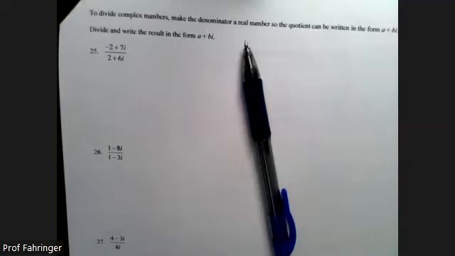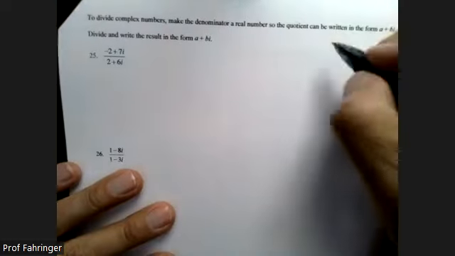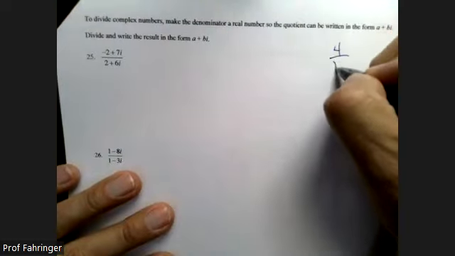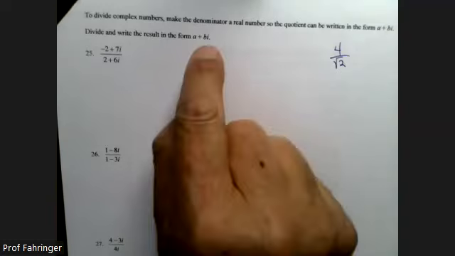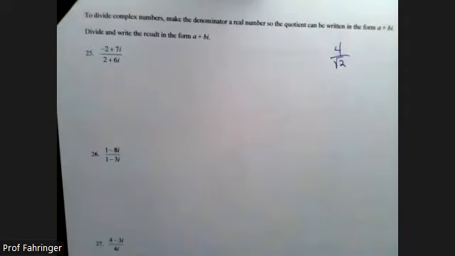Okay. So one of the things I know from the math world is I can't have 4 over the square root of 2. Somewhere along the line, you've learned that you cannot have a square root in the denominator. And when I look at problem 25, I see an i in the denominator, and I'm not allowed to have that. So I need to get rid of it and simplify it so I can write it in the form of a plus bi.